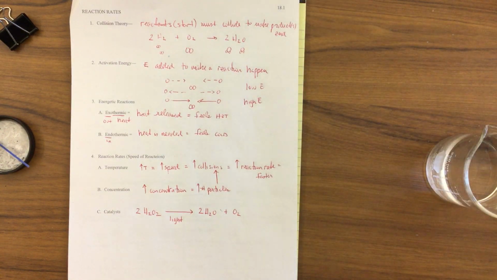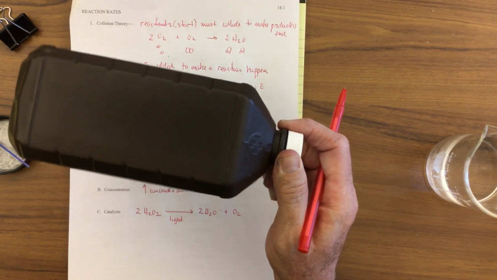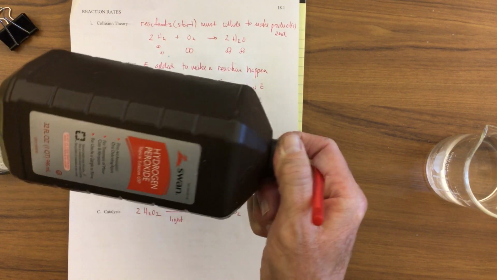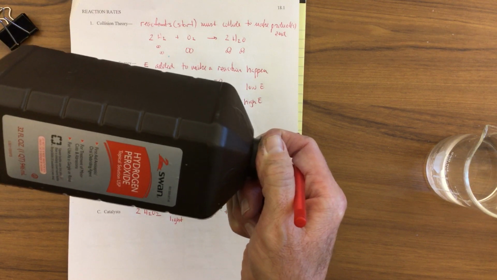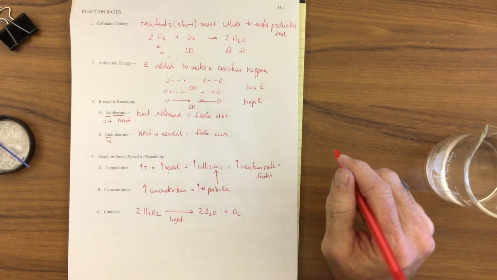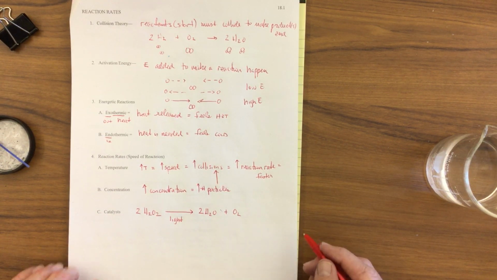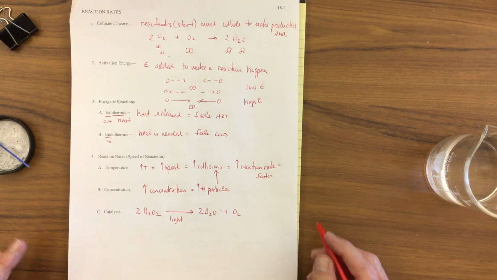If it did it on the inside of this bottle, it would be producing oxygen gas, and that reaction that you just saw would take place on the inside of the bottle. It would probably build up enough pressure and explode like a little bomb. So light will cause this reaction to happen very, very slowly.